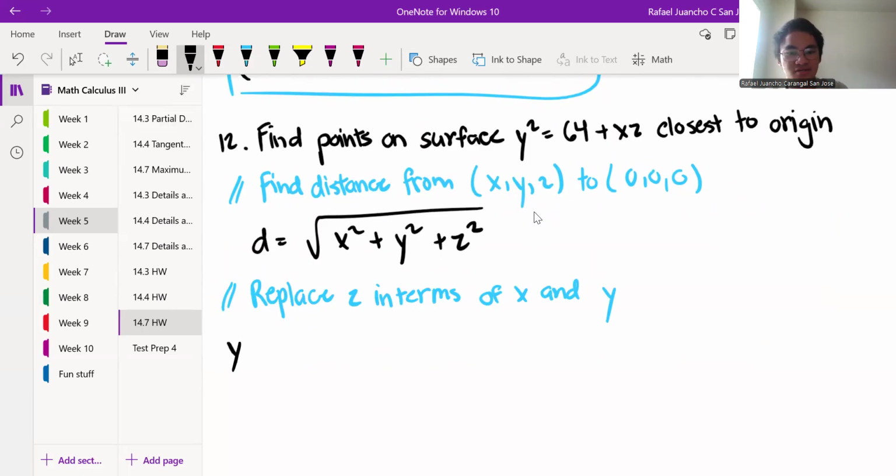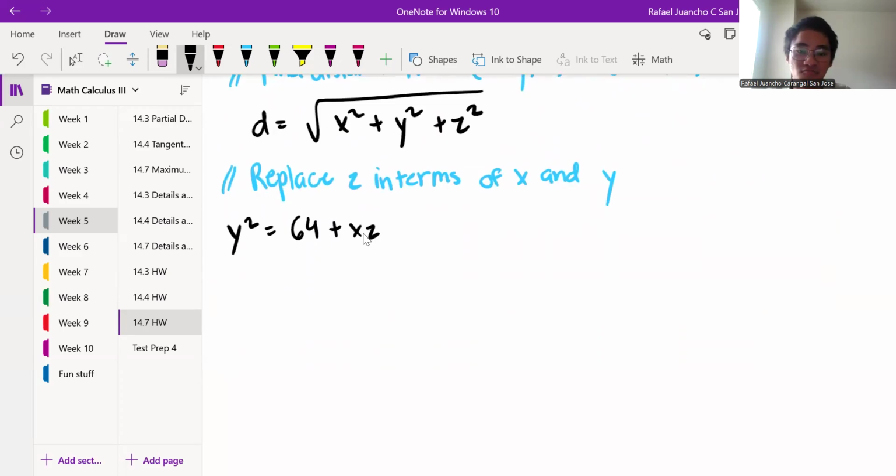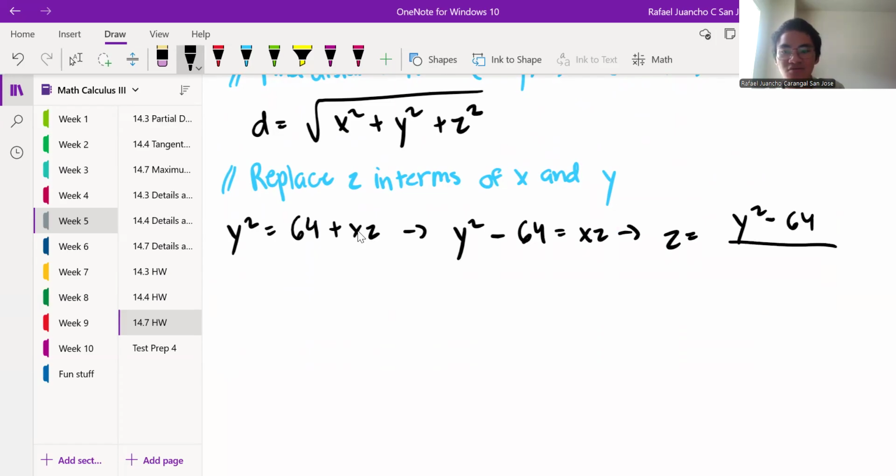So I have this thing. Now I want to isolate my z here. So I got y squared minus 64 is equal to xz. My z is just then y squared minus 64 over x, right?